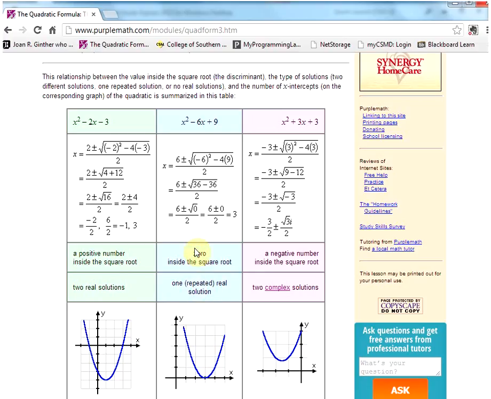If I have a zero inside the square root, I get one repeated solution. I'm going to show it as two solutions, they'll be the same. And then if I have a negative number inside that square root, that is, if the discriminant is negative, I get two complex solutions. This website, purplemath.com, is quite good, and if you read that, it'll tell you everything you need to remember about these things.